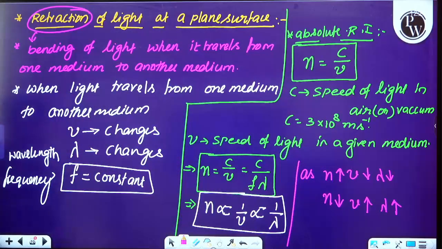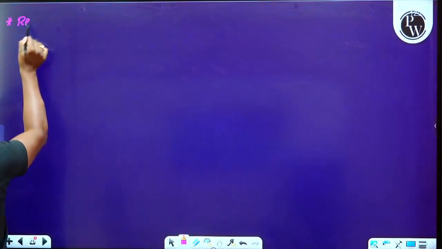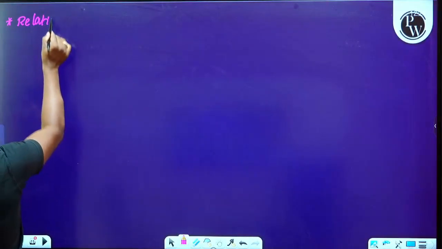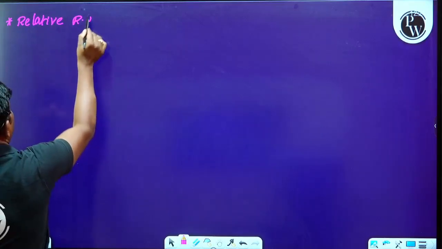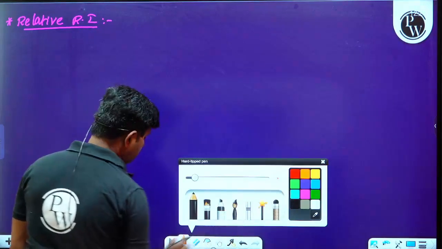Later we have to understand what the relative refractive index is. So please observe this.